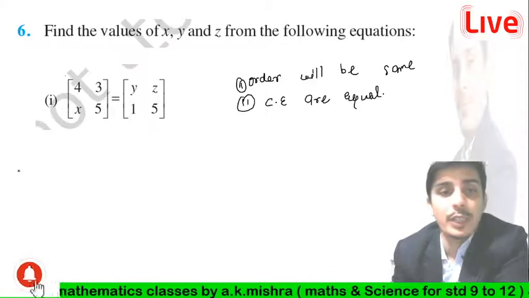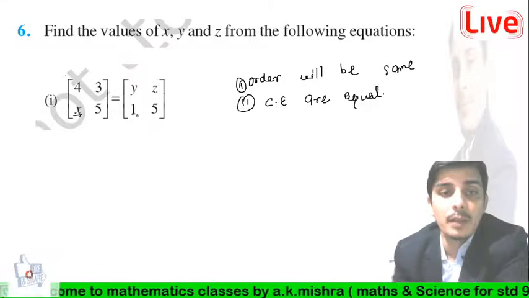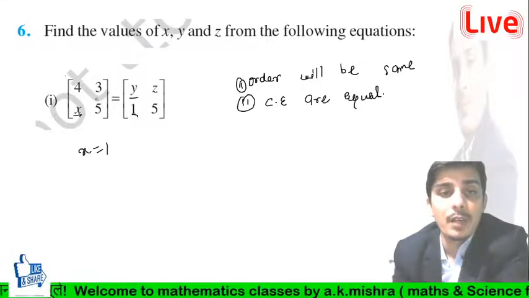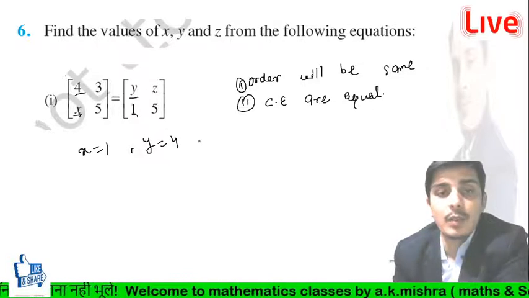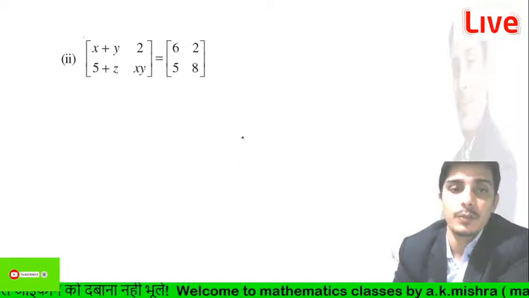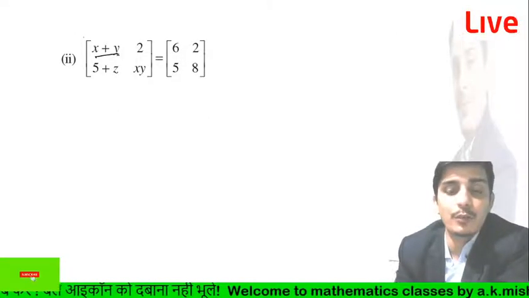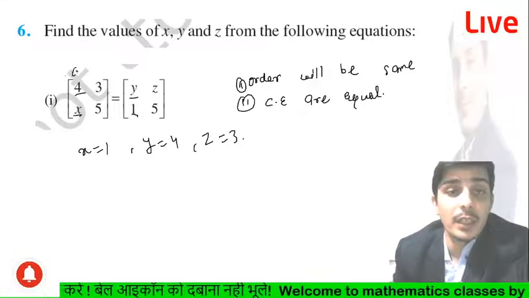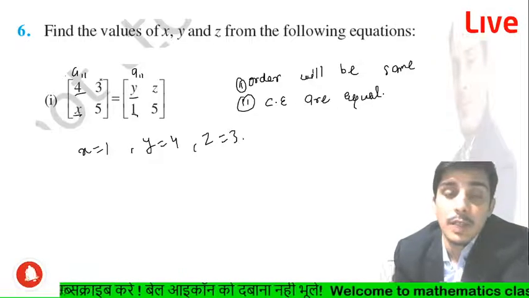So what you can write here is: corresponding elements, this element is equal to this element, so x is equal to 1, and this element is equal to this element, so y is equal to 4 and z is equal to 3. So it will be the correct answer for this question, right? Now I am going to solve this question, guys. Similarly we have to find corresponding elements, meaning here the a11 and here the a11, both the same term.